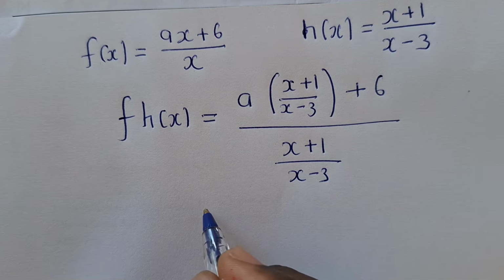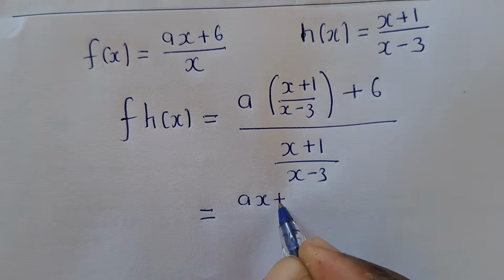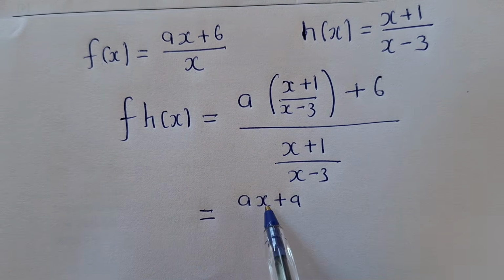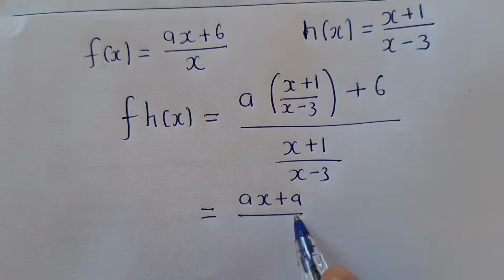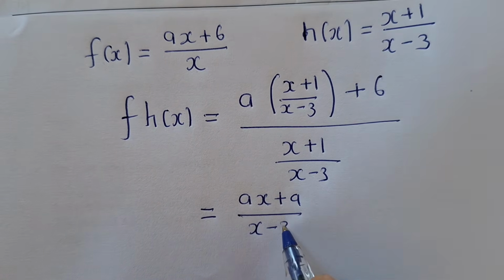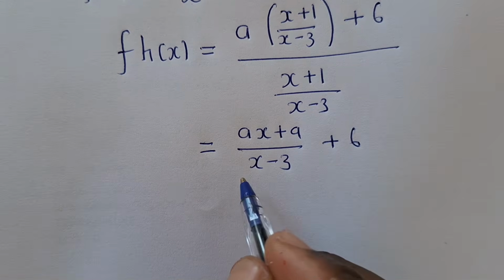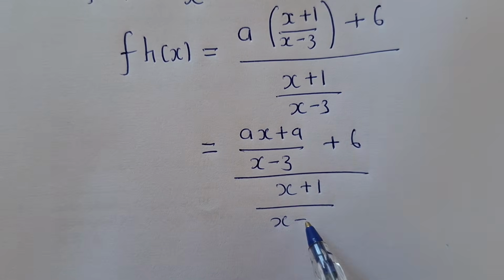So we simplify here, we're getting a(x + 1). So a times x is ax, a times 1 is a. We shall say over x - 3, plus 6, everything over (x + 1)/(x - 3).